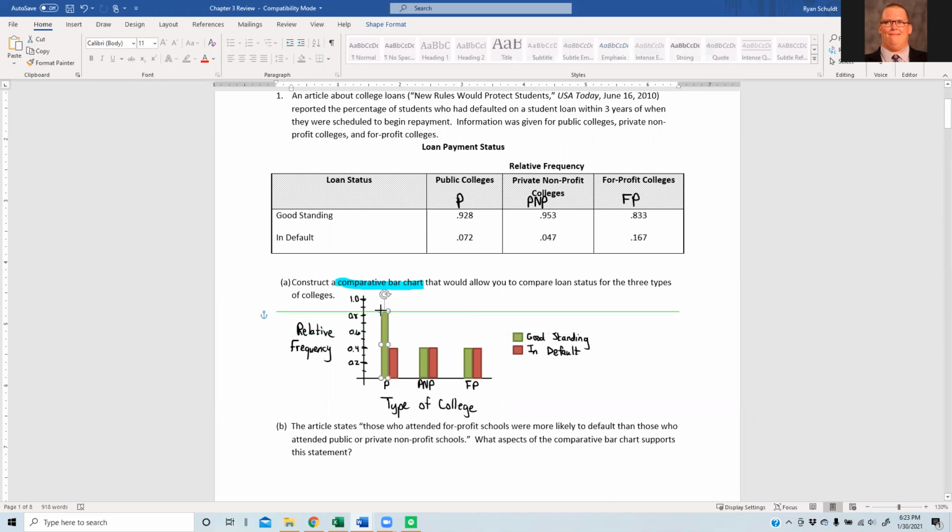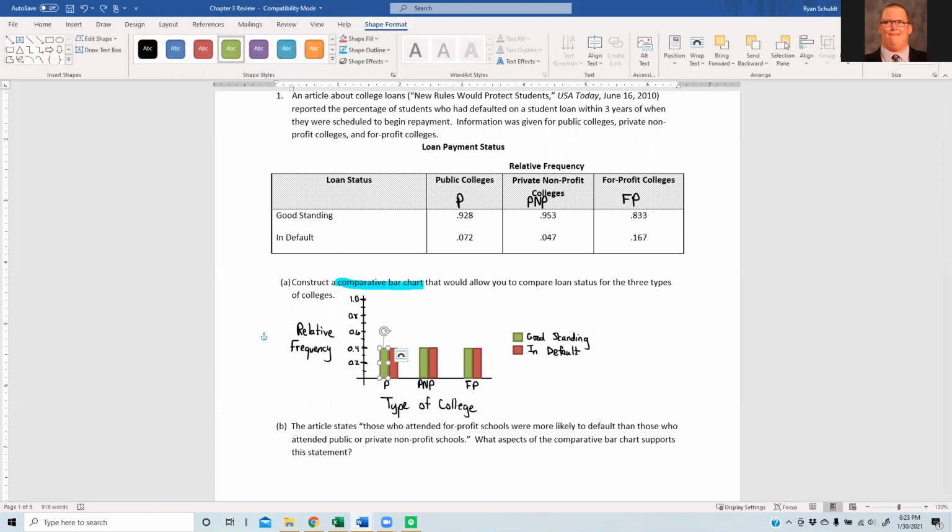Whoa. Hang on here. Okay, let's stretch him. He needs to go up to 0.92.